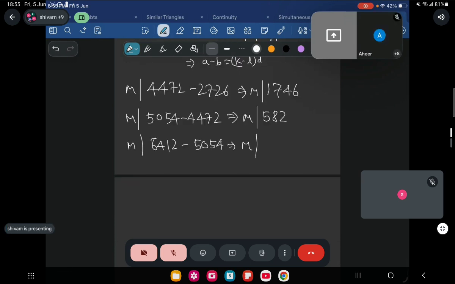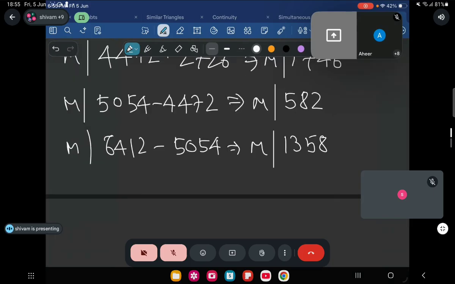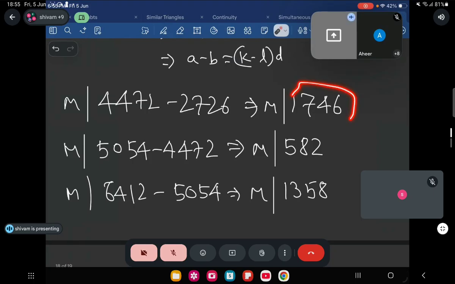1358. Correct. Now see, in order to get your answer very quickly, you know that M is a 2-digit number. Your M is hidden in these differences only. M divides all the three numbers.